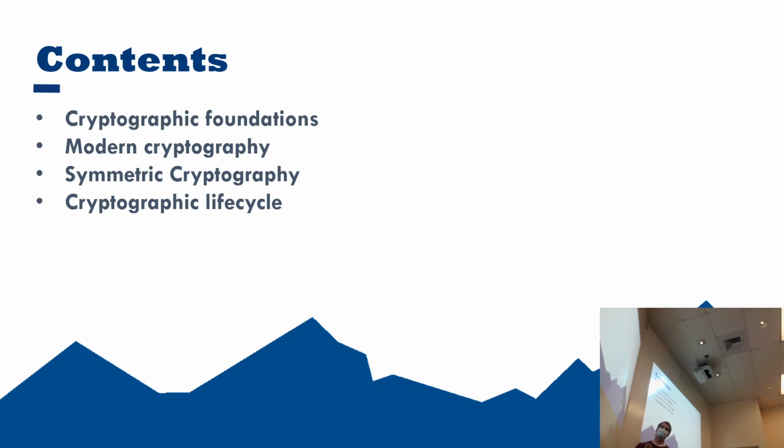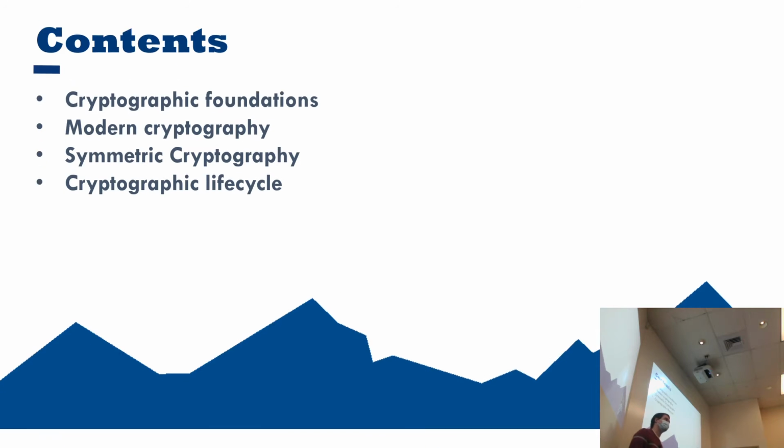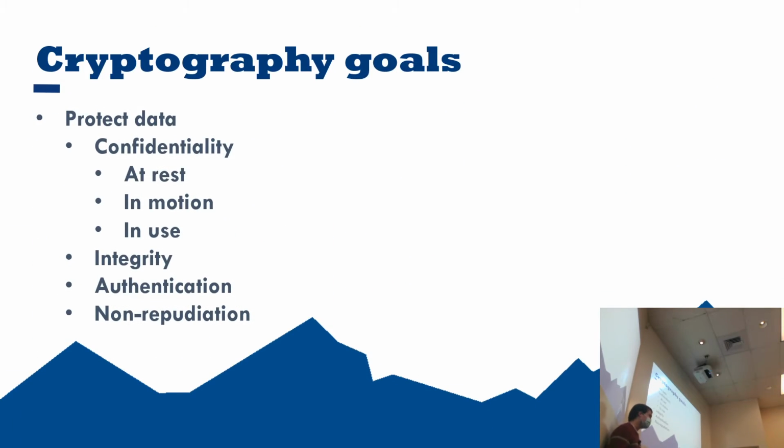All right, symmetric cryptography, go through how it's used, why it's used, that sort of thing, and the cryptographic life cycle. So, the obvious goal of cryptography is to protect data. So, think back to earlier chapters and maybe even earlier classes. What is data?